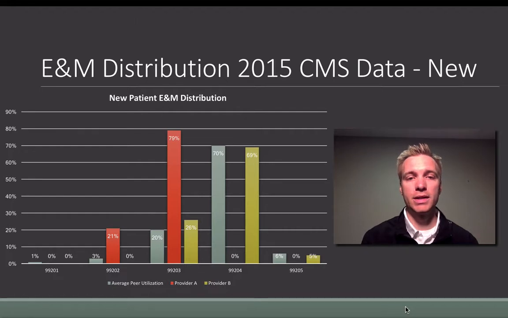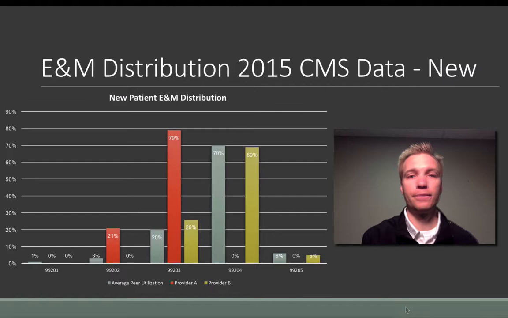So bottom line with this is that if we look at provider A and provider B bills higher level codes, but when we look at provider B compared to everybody else, they're much more in line than provider A, who bills lower level codes on average, but who is outside the normative bell curve distribution for those procedures.